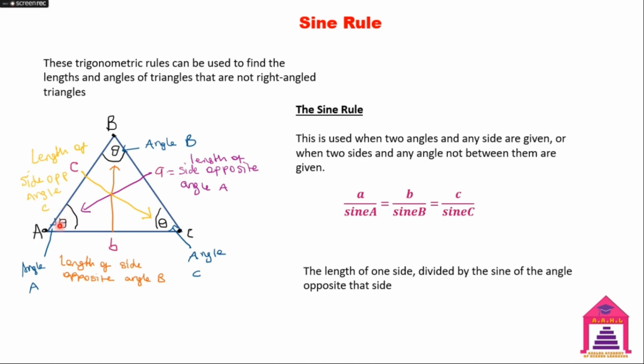They can give you theta for one angle, and I want you to find your missing side. They can give you the sides, and I want you to find the angle.